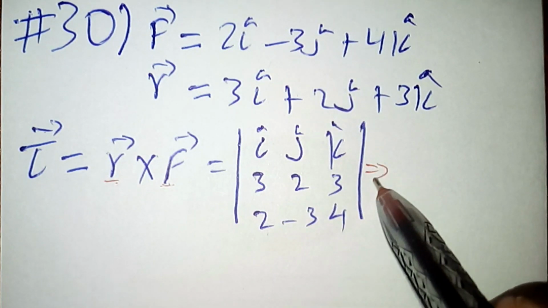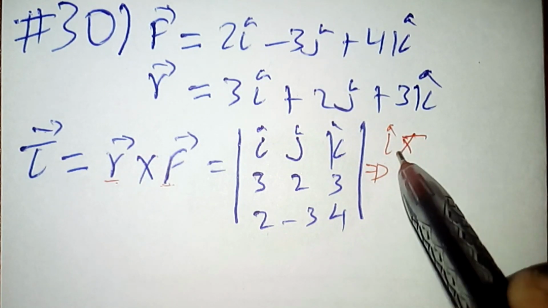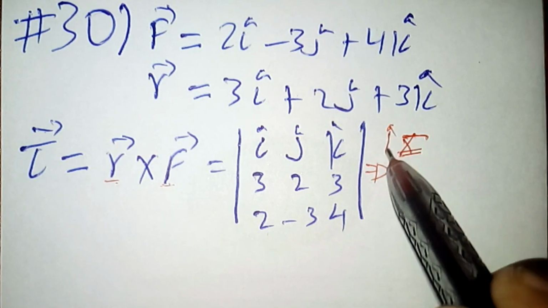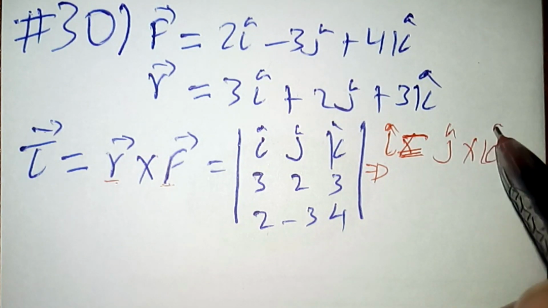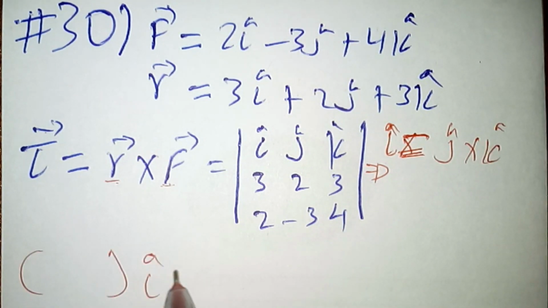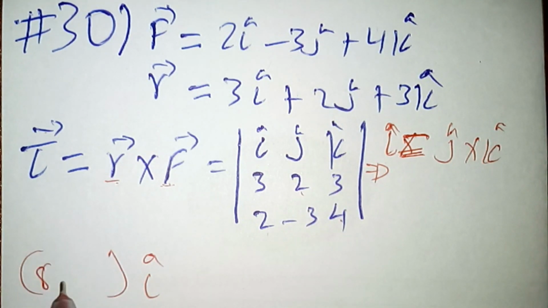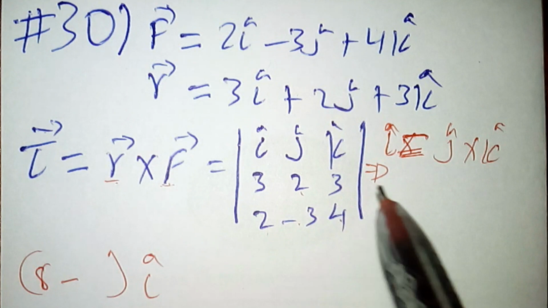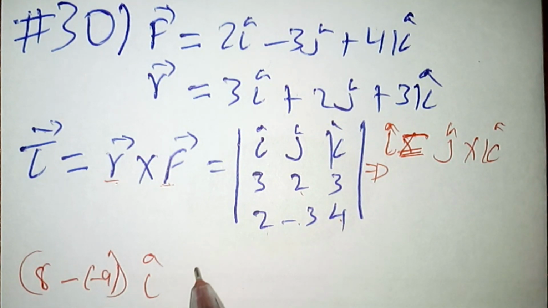The i term is always j cross k. That means 2 times 4, which is 8, minus negative 3 times 3, which is negative 9.